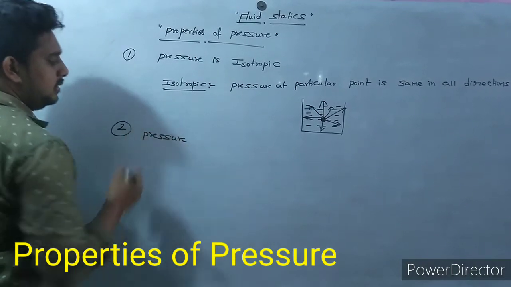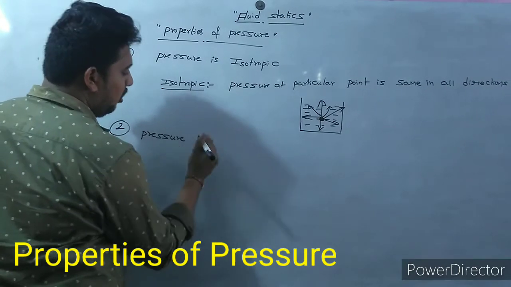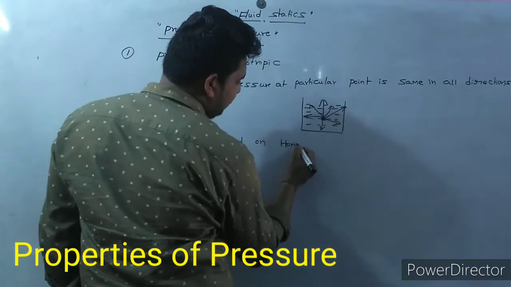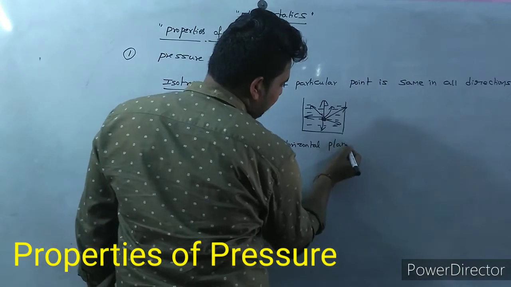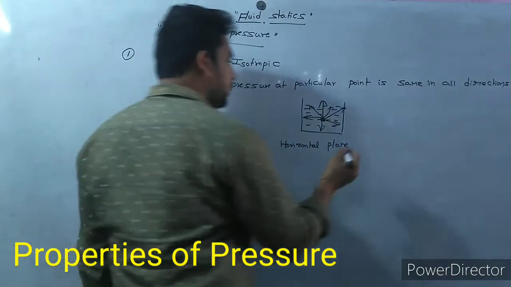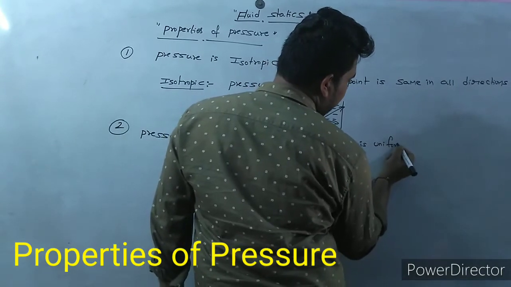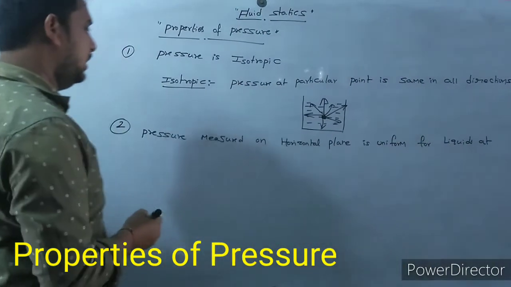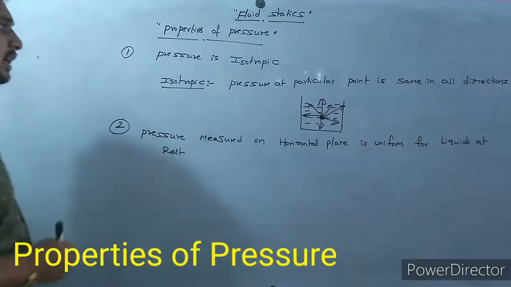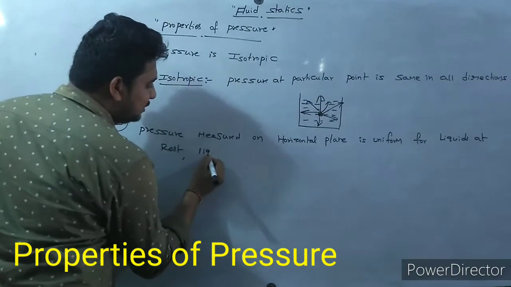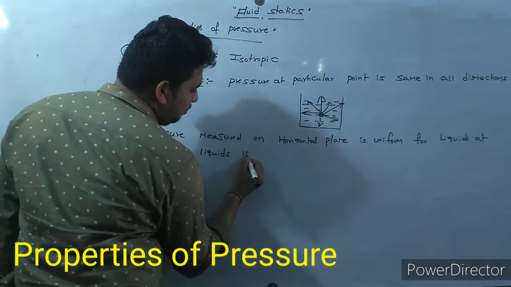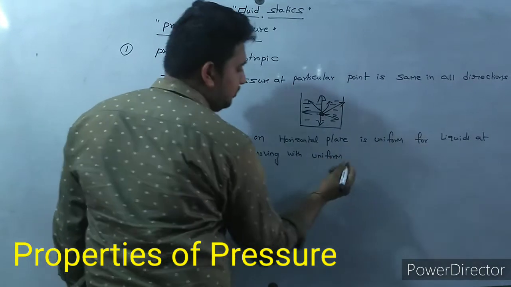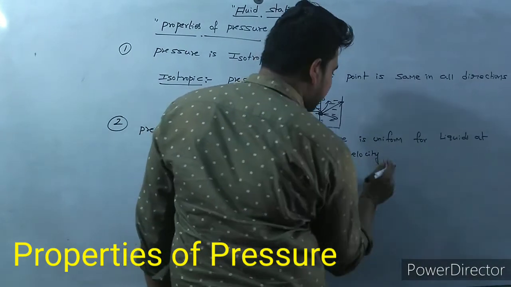Next, second one is pressure measured on a horizontal plane is uniform for liquids at rest, and when the liquid is moving with uniform velocity.